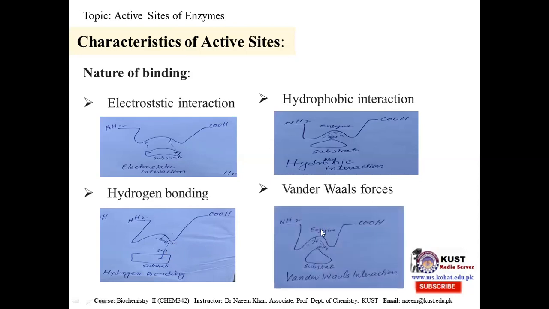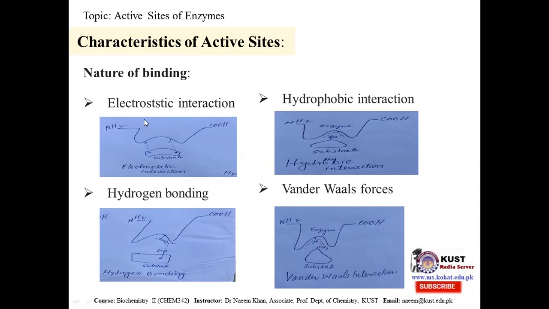And the fourth one is van der Waals forces, like dipole-dipole interaction or London forces, because amino acids have several non-polar groups, such as the methyl group in alanine. Due to the high speed of electrons, they get distorted from their normal path, and that's why a big attraction develops due to the temporary dipole created.